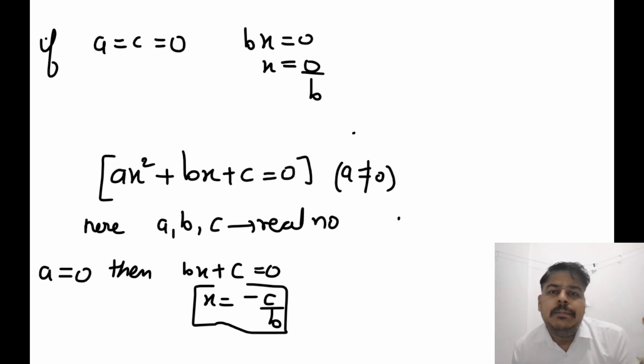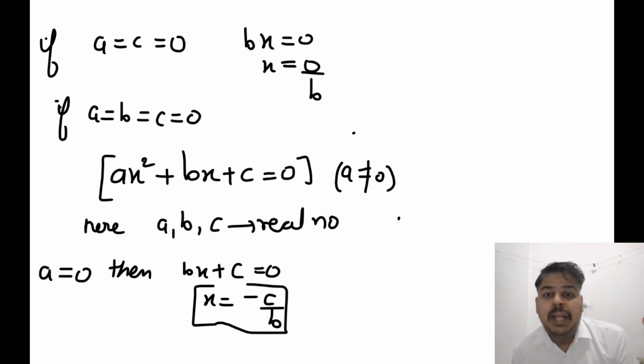Okay, condition number third. Let me describe it. What will happen if a is equal to b is equal to c is equal to 0? What will happen if all of a, b, c are 0? Then there must be infinitely many roots.